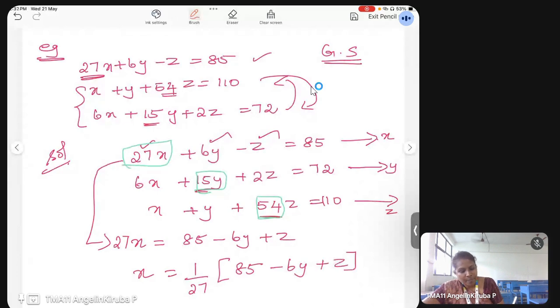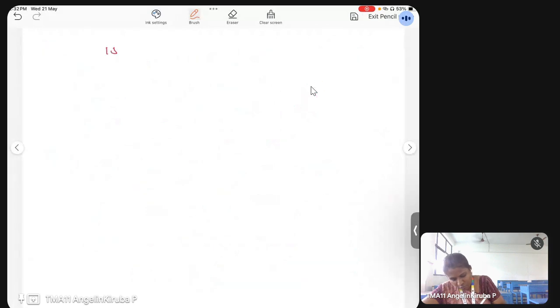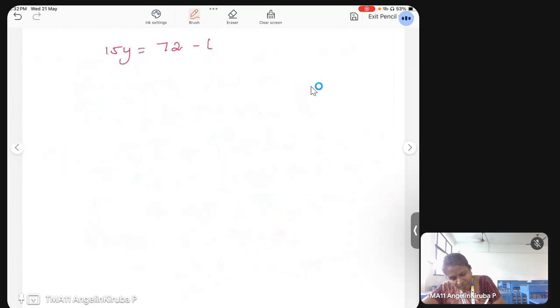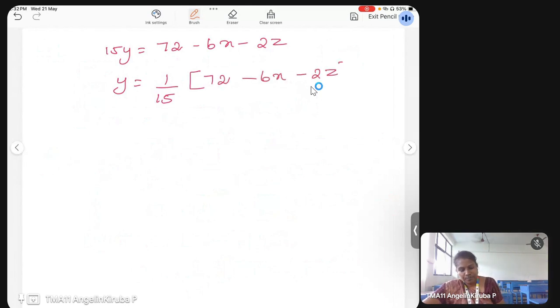In a similar way, we can find the equations for y and z. For y: 15y is equal to 72 - 6x - 2z. So y will be equal to 1/15 (72 - 6x - 2z).